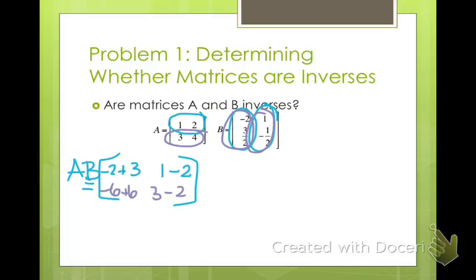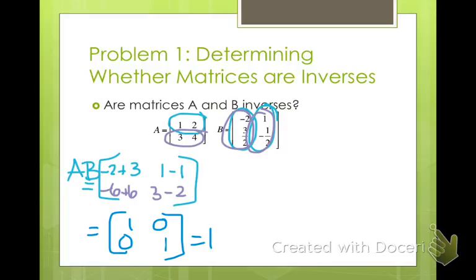Okay, so let's go ahead and simplify these. So AB is 1, negative 1, 0, negative 1. Uh-oh, I think I did something wrong, because I think that first one's a 0. So that's 1 minus 1. Yep, found it. That's 0. There we go. And that's a positive 1. I promise I really can math. Okay, so A times B is our multiplicative identity, our I. So that's good.